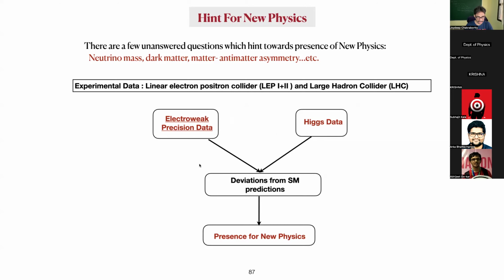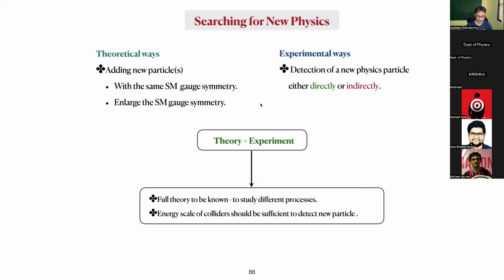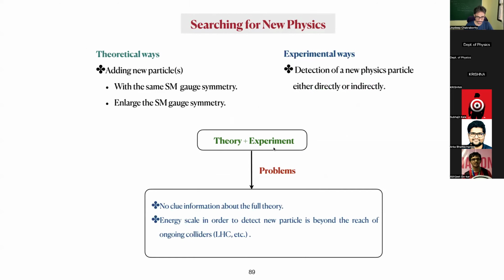The experimental data that we will be considering in our analysis are LEP 1 and LEP 2 data, and from the LHC. So that's what I was saying: we have a theory plus experimental blending, and then we'll try to find out the presence of new physics within the data.